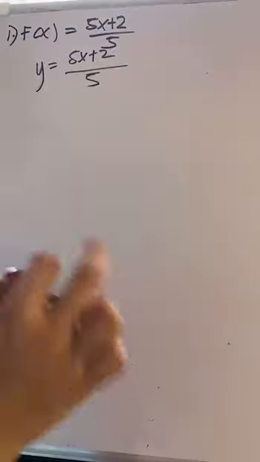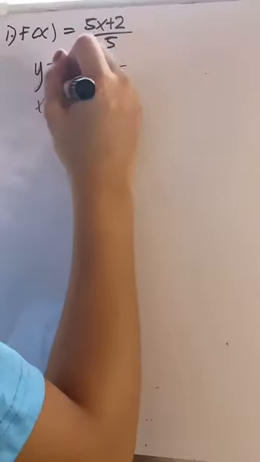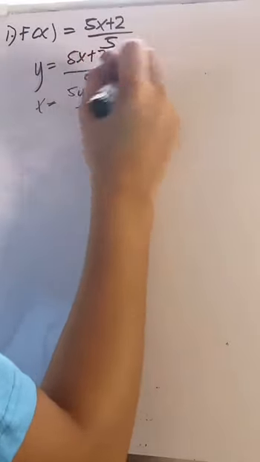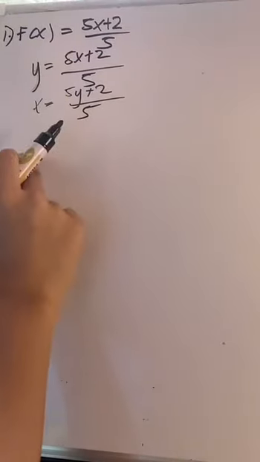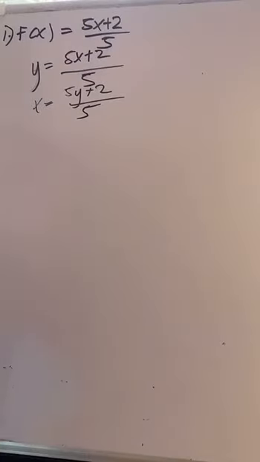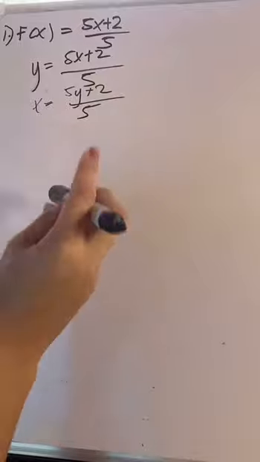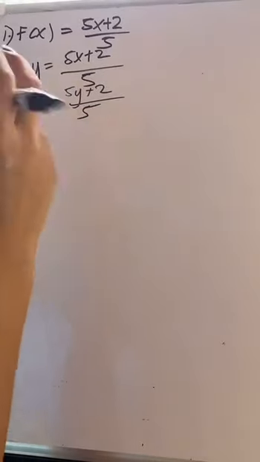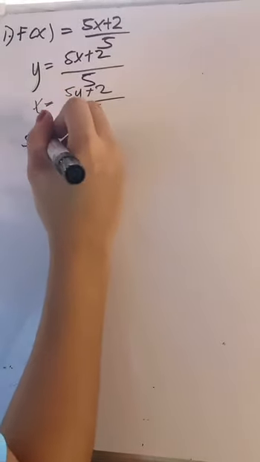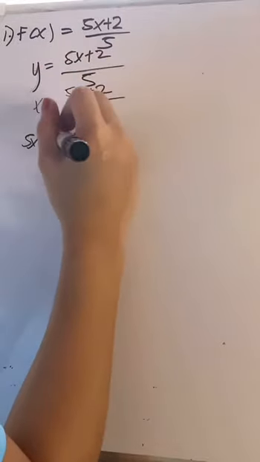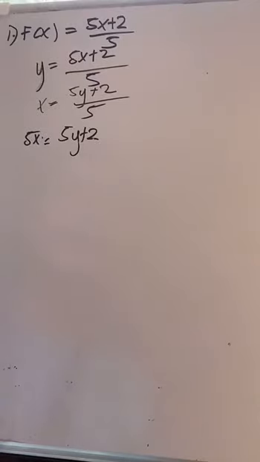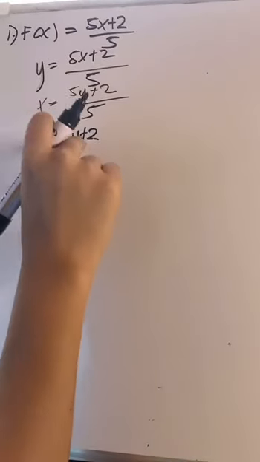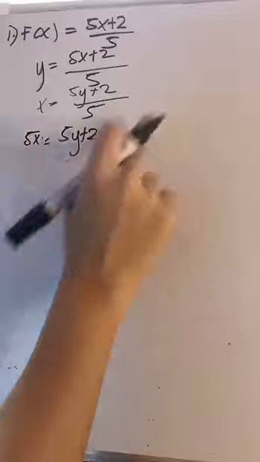Then interchange, so x equals 5y plus 2 over 5. Then step 3 is to solve for y. But this time, we're going to start by multiplying the 5 times x. So that is 5x equals 5y plus 2. After that, we have to transpose the positive 2 into negative 2 on the left side.